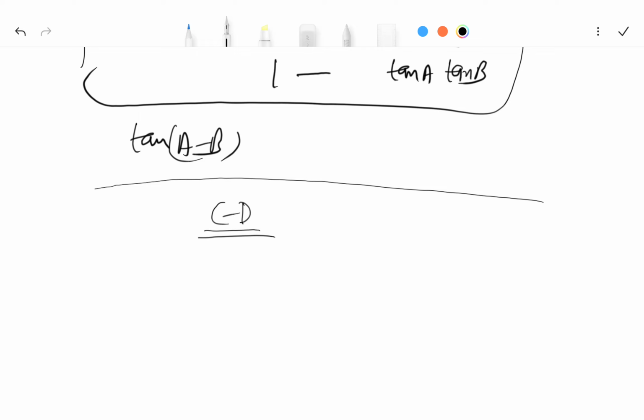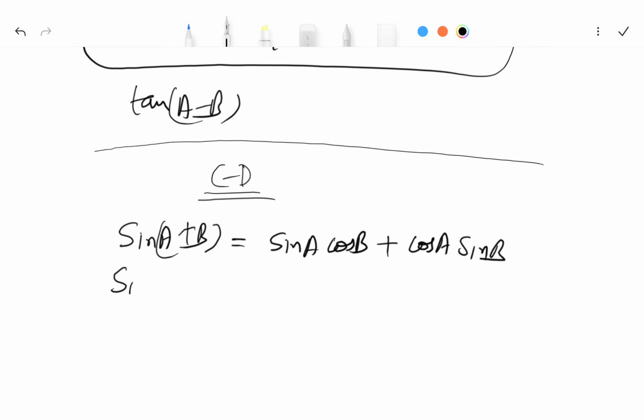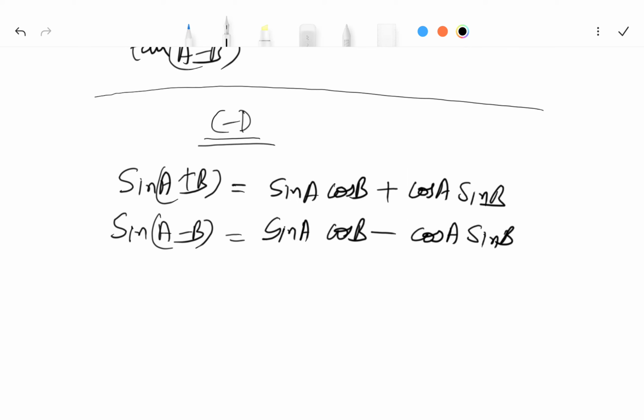What is sine(A plus B)? It is equal to sine A cos B plus cos A sine B. Sine(A minus B)? It is equal to sine A cos B minus cos A sine B. Now I have to write the next formula, that is cos(A plus B).